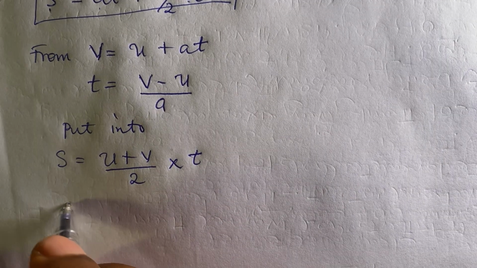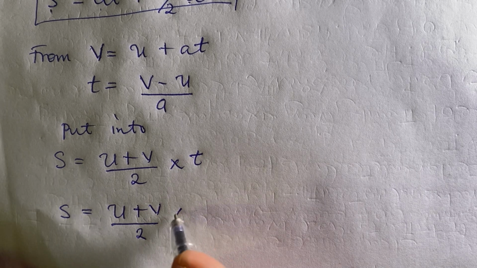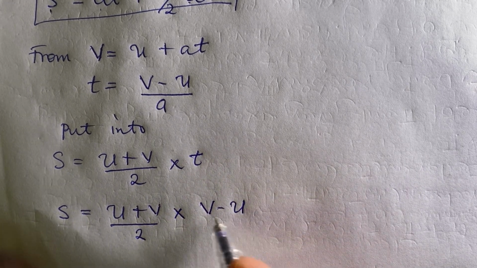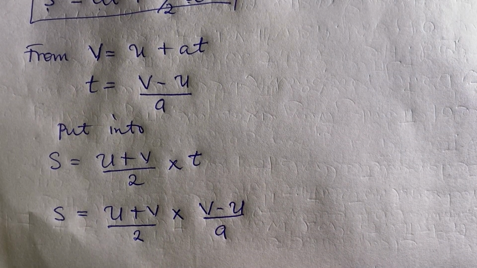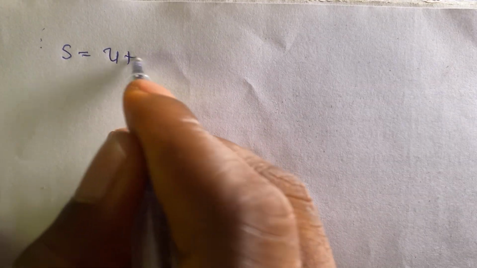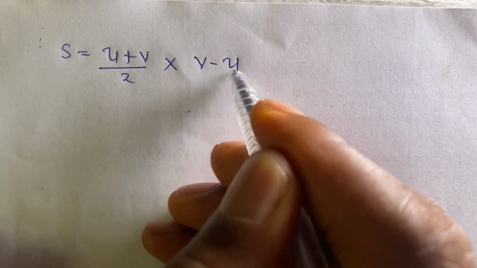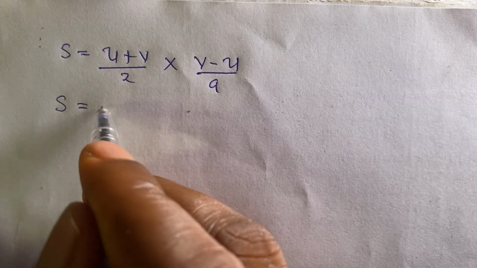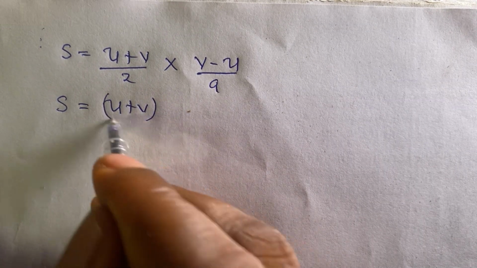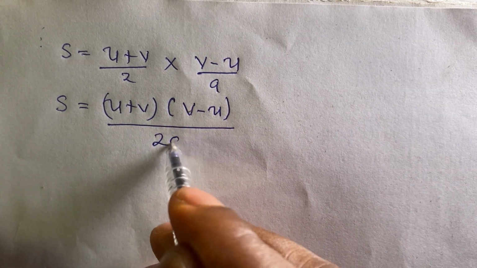So we're going to have s equals u plus v over 2 times v minus u over a. So this is equal to u plus v times v minus u over 2a.